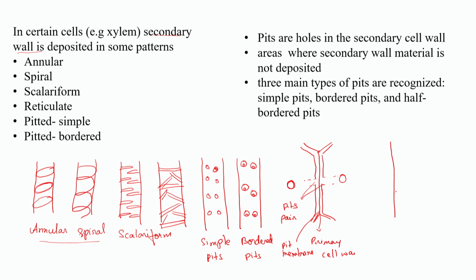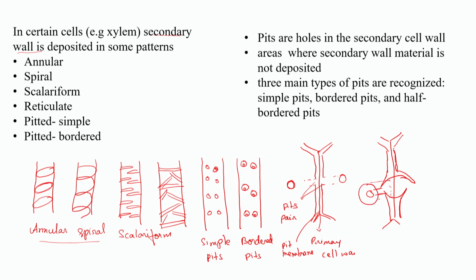When we talk about a bordered pit, suppose this hole-like structure is there, and the secondary cell wall forms an arc-like structure over that hole. You will have a pit hole, which is the aperture, and the chamber of this pit will also have a diameter.